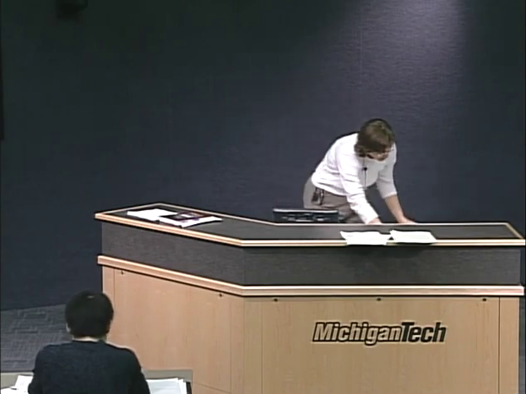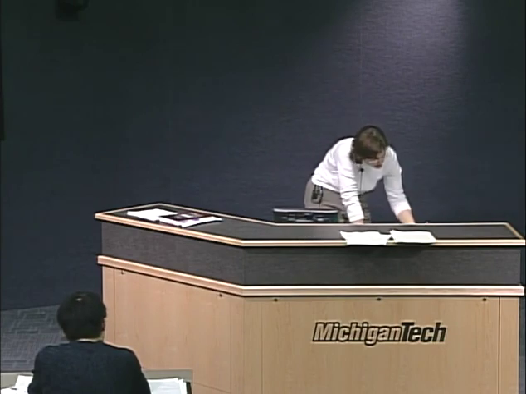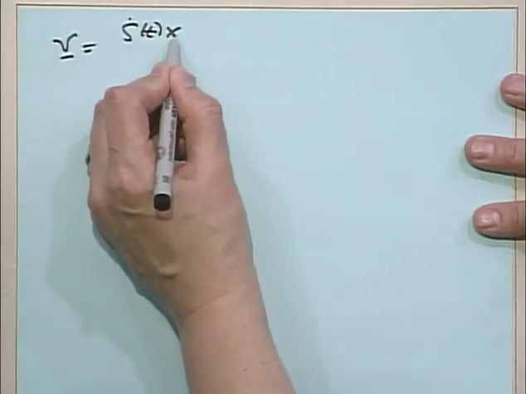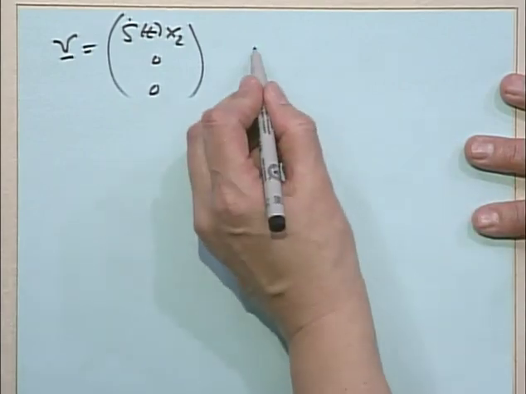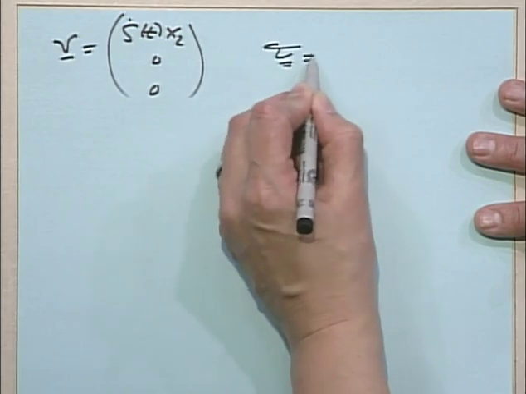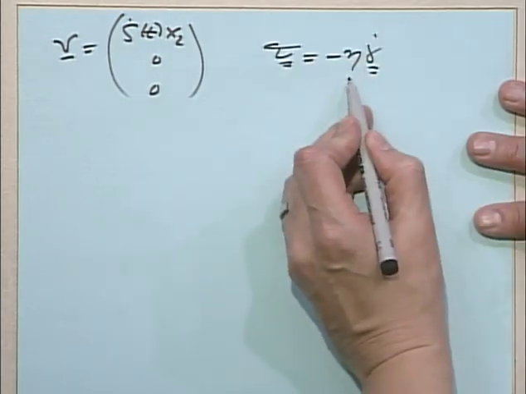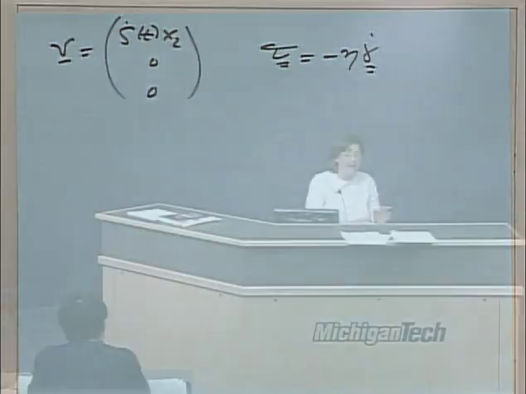Okay? So as always, I'm trying to show you the pattern. When we're predicting material functions, we start with the velocity field, and we plug in to the constitutive equation. There's actually nothing new, nothing different from the power law model at this point.